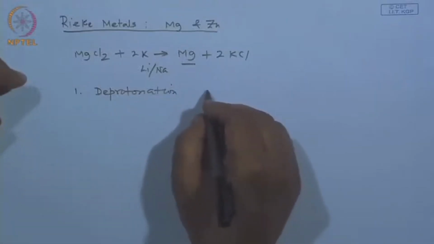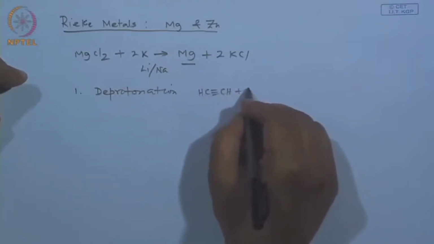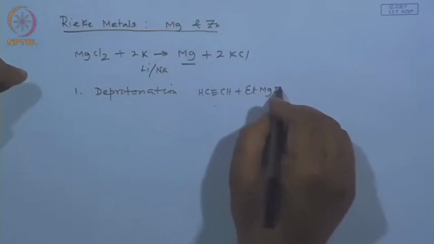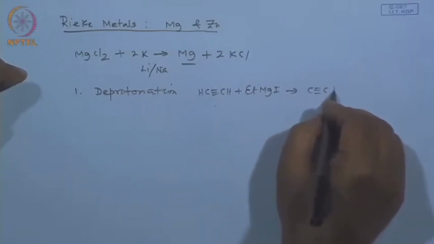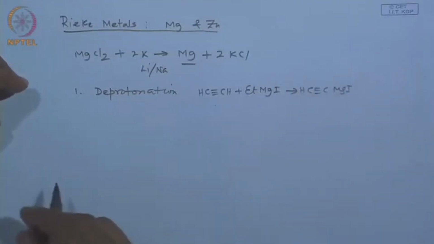For example, all of us know, if you have acetylene and react it with ethyl magnesium iodide, what is the product? Again a new organomagnesium compound.